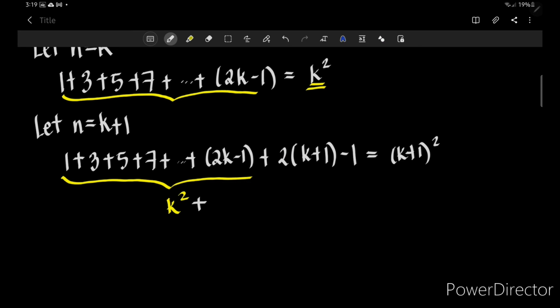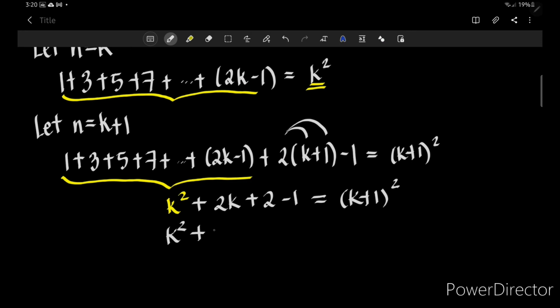So, to simplify, we have 2k, okay, 2k times 2, or plus 2, then we have minus 1. Okay. Sa right side, we have quantity k plus 1 squared. Okay. Now, simplify, yung nasa left side, we have k squared plus 2k, 2 minus 1 is positive 1, equal quantity k plus 1 squared.